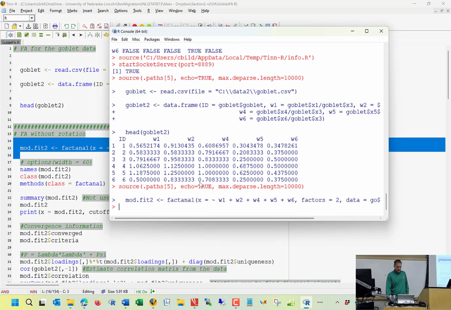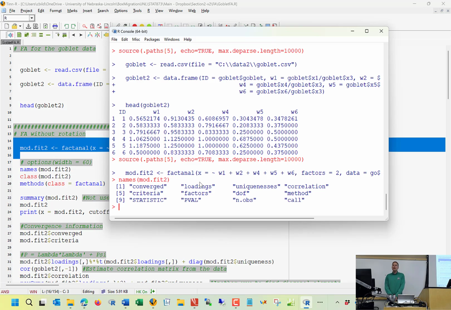Whenever you approach a function that you really haven't used before in R, one of the first things you should do is use the names function with it so that you can see what's actually stored inside. mod.fit2 ends up being a list in terms of R's terminology, and we see some names that look familiar.